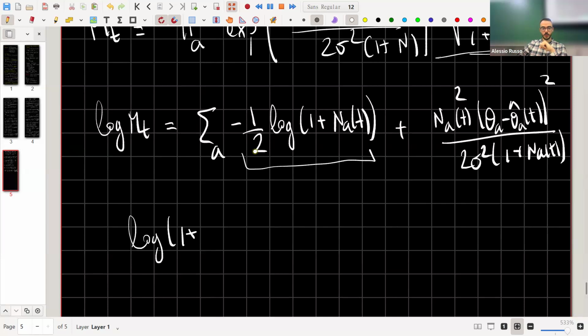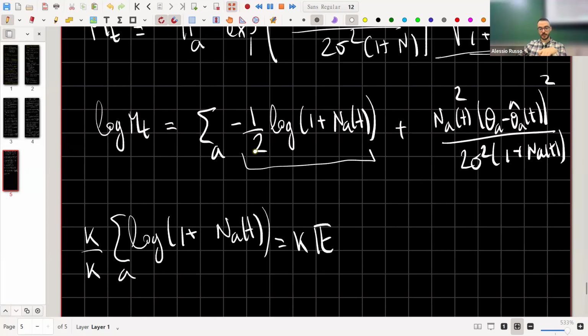So we are gonna exploit the fact that the logarithm is concave. So we can use Jensen inequality. So we have a sum of this logarithm. We can divide and multiply by k. So this is like k times the expectation over a uniform distribution of log 1 plus n at.